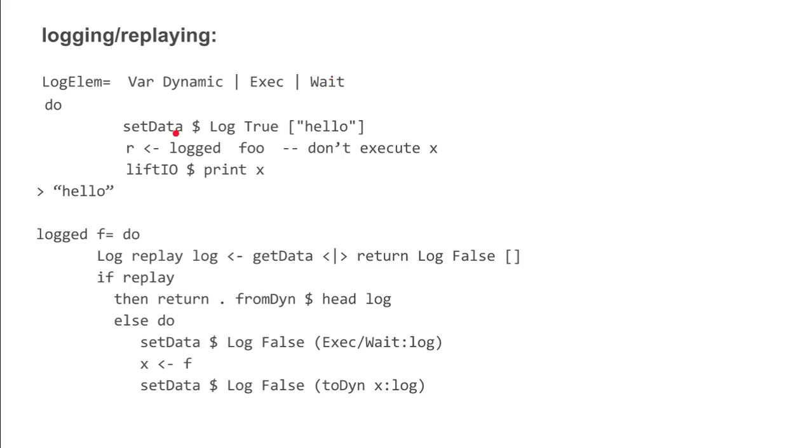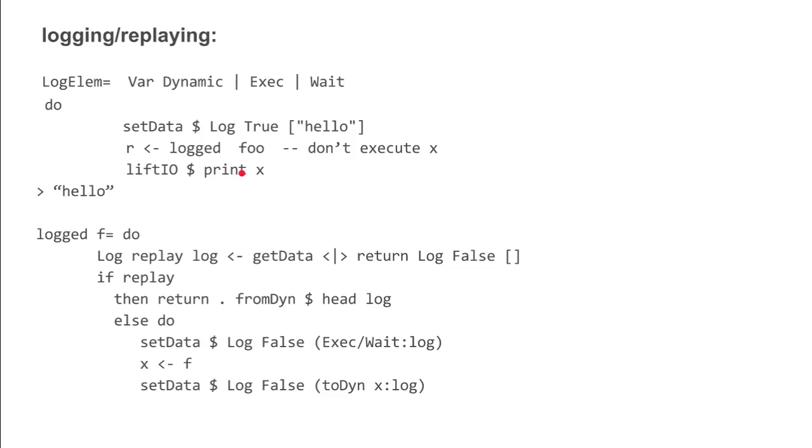Let's see how logit, which is the basic operation, works. Logit is applied to a parameter. In this case, we set the log to a value. Suppose that this value is the same type that foo uses. If logit sees in the state data something, what it does is get this something from the log and doesn't execute foo.